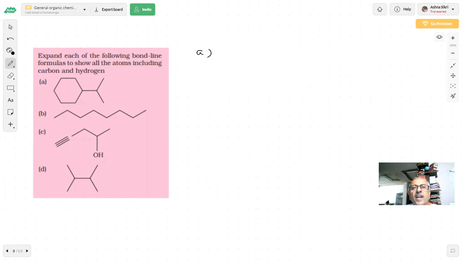So if I take the A part, you have a 6-membered ring here. This is carbon. How many hydrogens? Valency of carbon, how much should be there? 4.